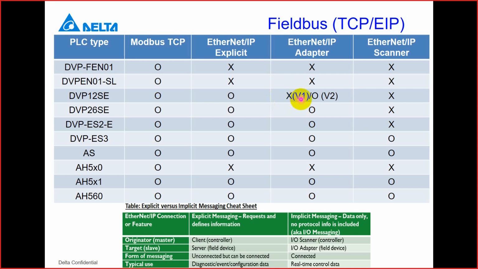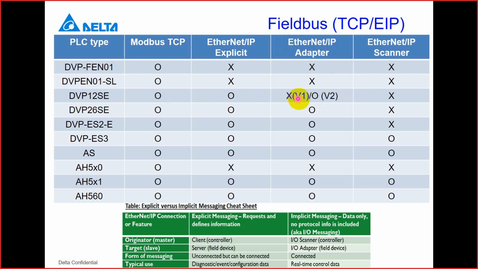I believe maybe some or most of you don't know that Delta already released a new version of 12SE. Basically, you can tell the difference from the firmware version. If you see the firmware version is V2 point something, this means the new firmware, also new hardware. Then it will support Ethernet IP adapter.